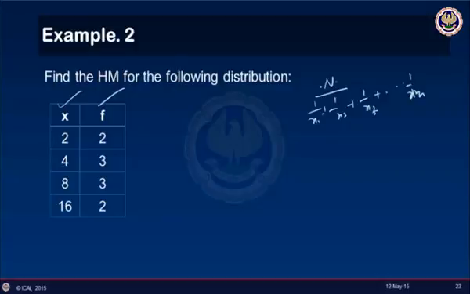The N is nothing but the sum of the frequencies, capital N. Here x is given, f is also given. The sum of the frequencies is 10.